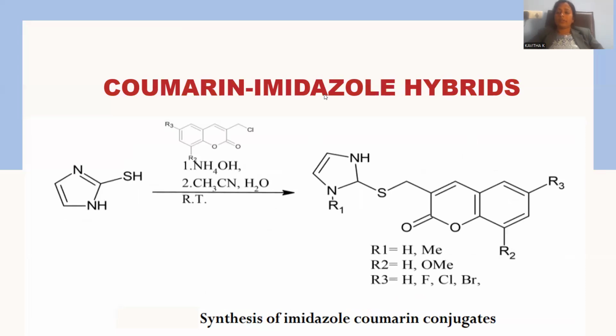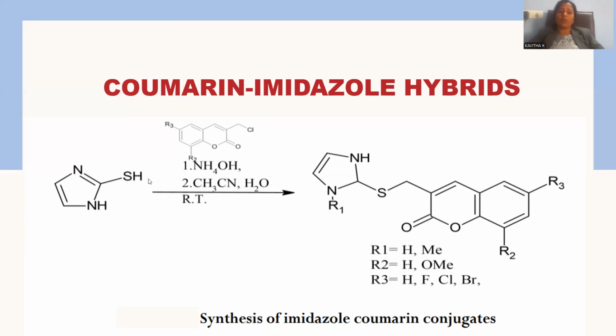Coumarin-imidazole. So we are trying to incorporate various heterocyclics together, so that coumarin 2-methyl chloride is supposed to be reacted with imidazole. Imidazole is having this thioalcohol functionality over the position number 2.